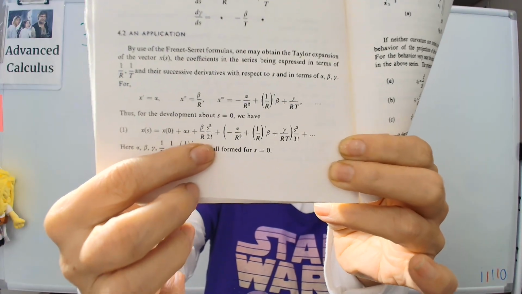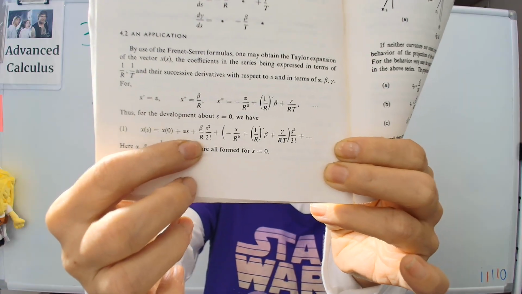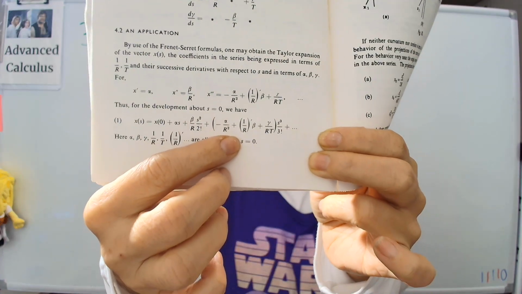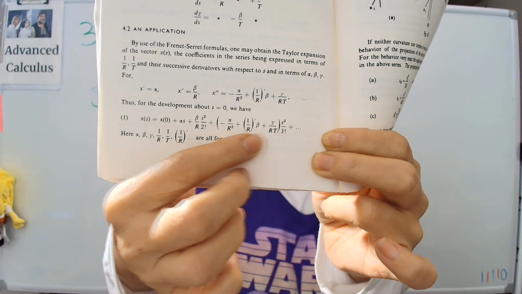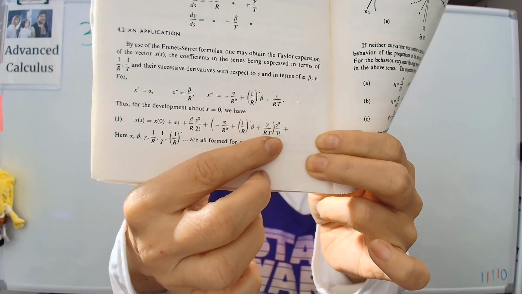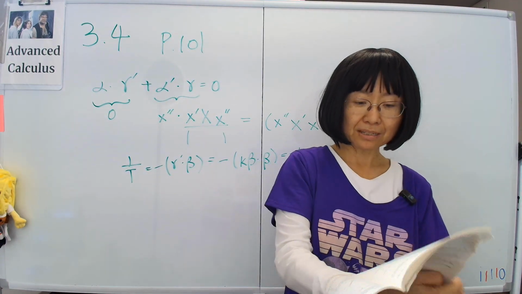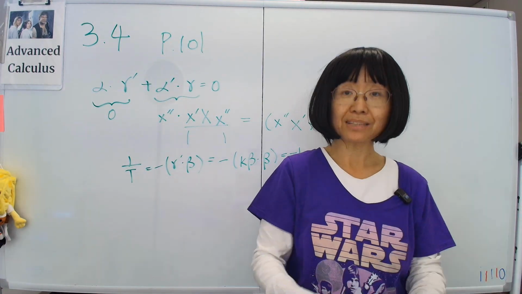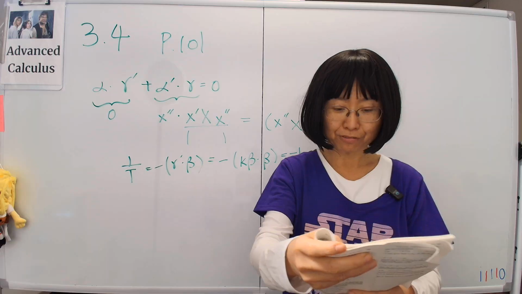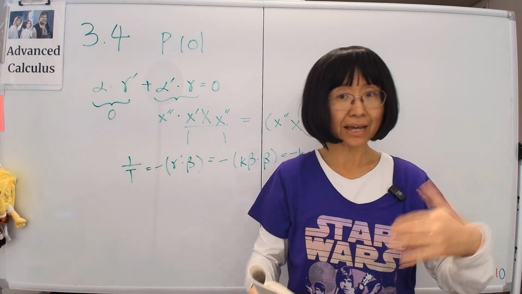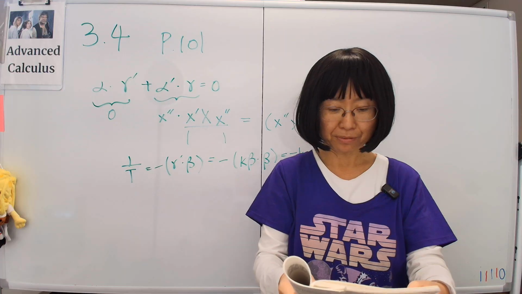And then s squared over 2, the coefficient is x double prime. And then x triple prime times s cubed over 3 factorial. Now that should look familiar, because that is the Taylor formula for one variable. But now we are going to apply the same thing for 3 variables.